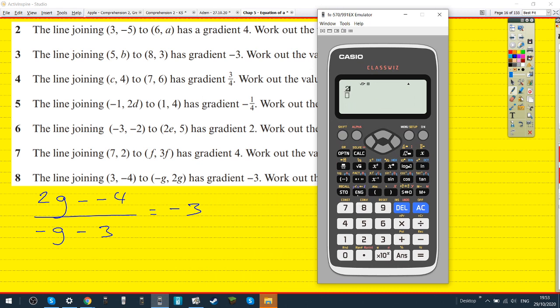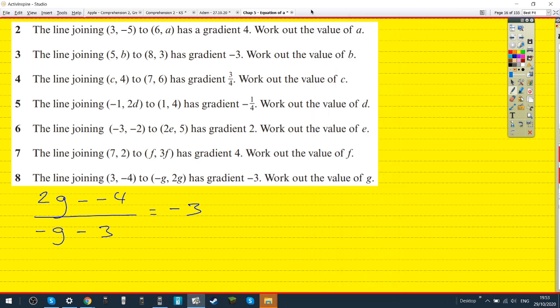So it'd be written out as 2x minus minus 4 over minus x minus 3 equals minus 3. So you have to solve. So x is minus 5. Yay, there we go. X is minus 5.